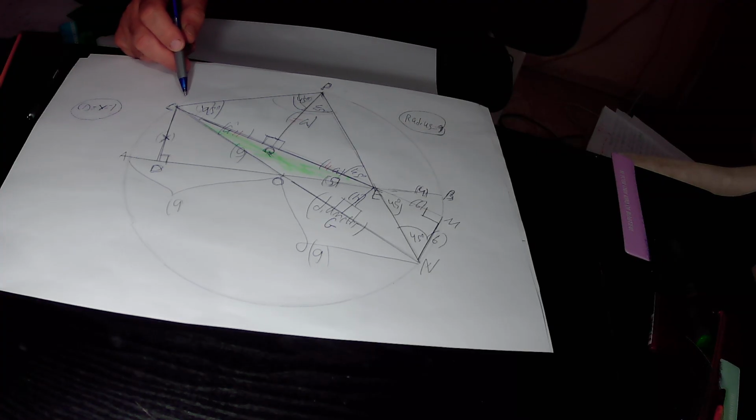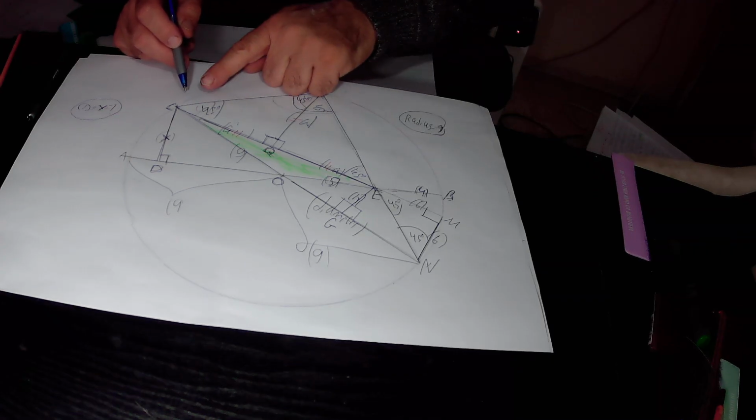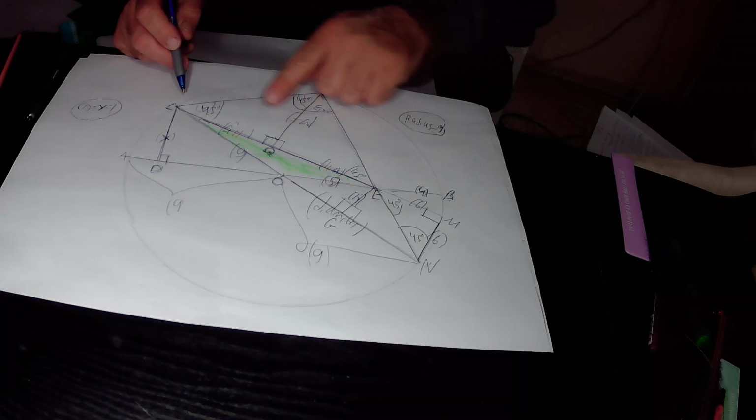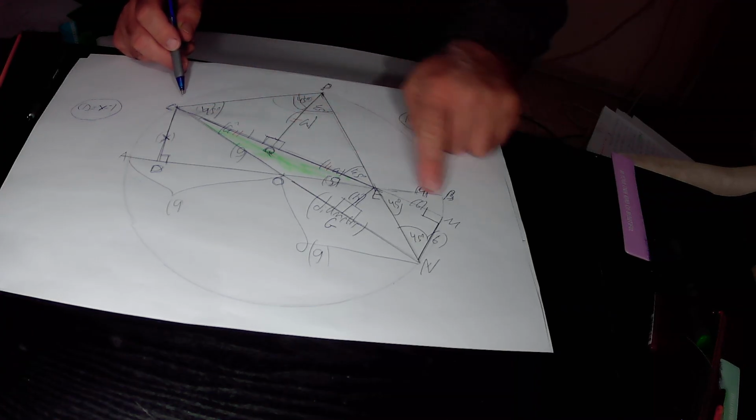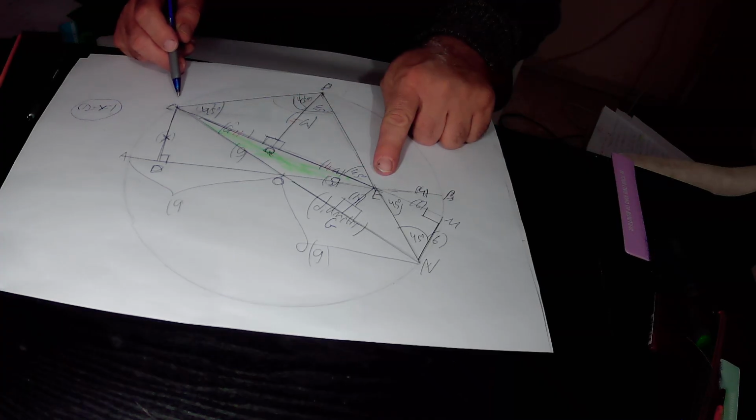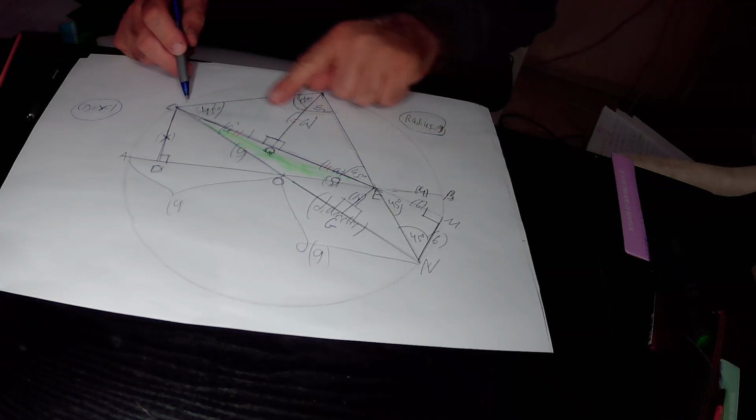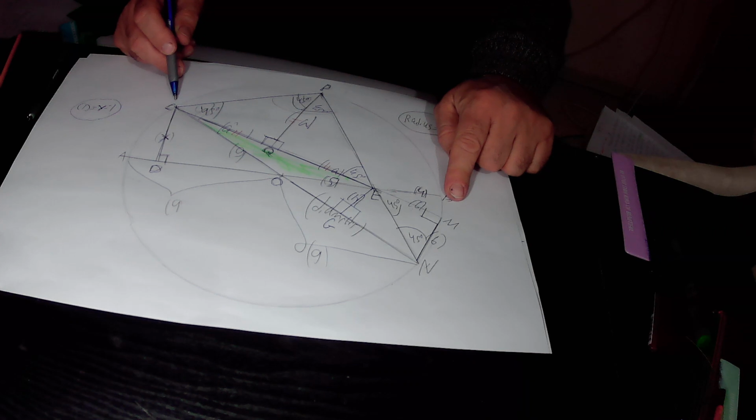The height must be at 90 degrees with the base. We can also say that the height must be at 90 degrees with the extended base CE. The extended base CE is CM. So the height must be at 90 degrees with the extended base.